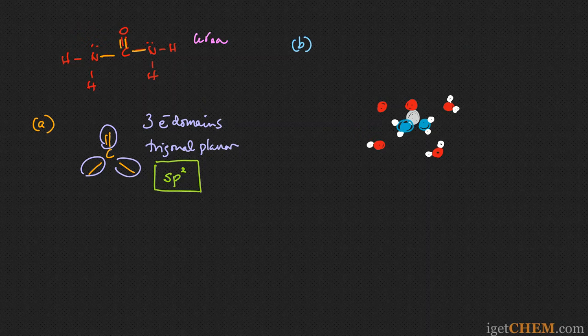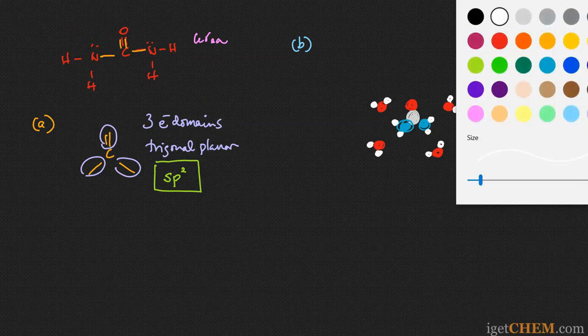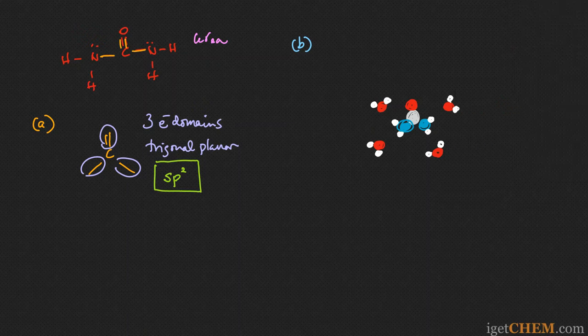So this is the picture that is shown on the test. You notice that the colors I am using are the standard colors typically used to represent these atoms in chemistry: red for oxygen, blue for nitrogen, black or gray for carbon, and white for hydrogen usually.